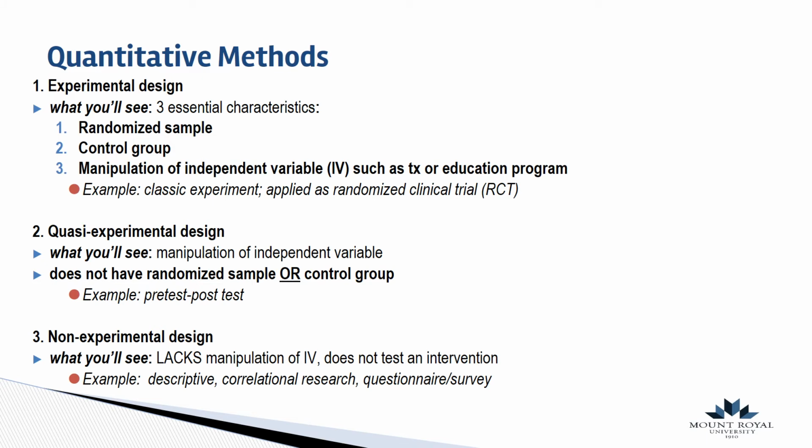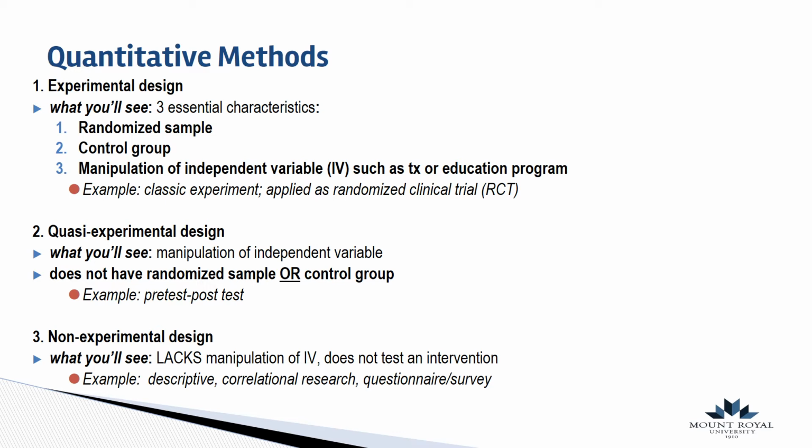In that experimental design, or that RCT, you're going to see three essential features. There's going to be a randomized sample. How they draw that sample is purely randomized, and we are going to look at sampling a little bit more next week, but just know it's a randomized sample. There's going to be a control group, so you're going to have your experimental group and your control group.